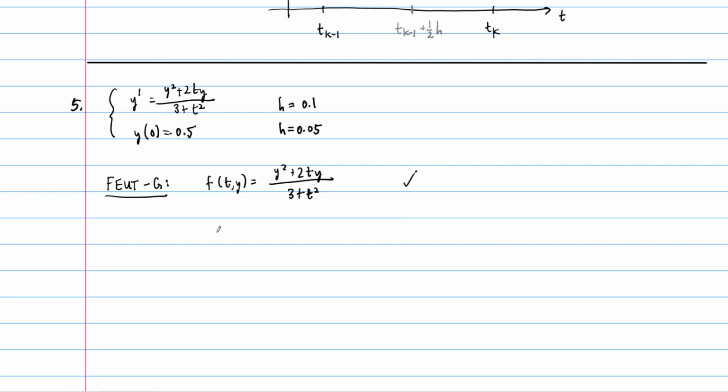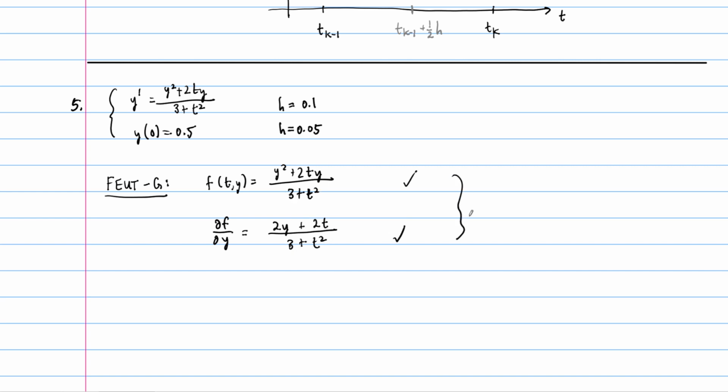Then we need to take the partial derivative, df by dy. When we do this, the t's are treated like constants, and so the derivative is just 2y plus 2t over 3 plus t squared. That's also okay in the denominator, so there are no t values or y values that make the denominator 0 in this case.